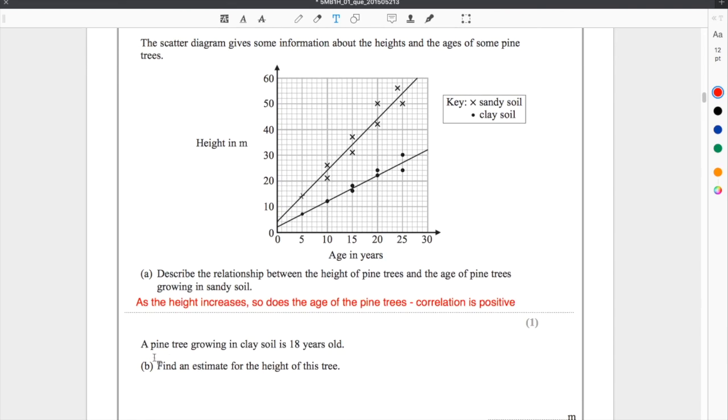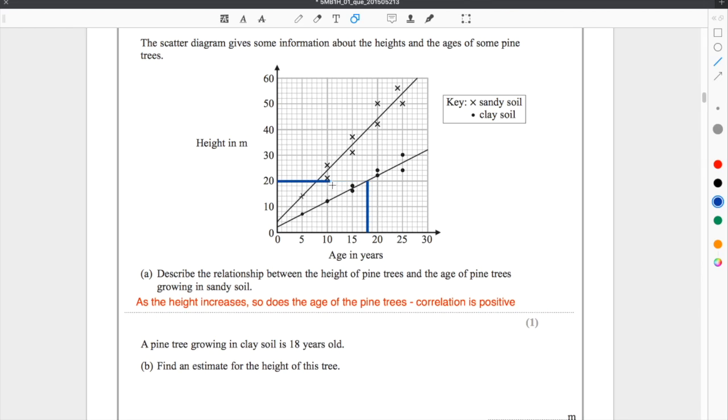So for part B, a pine tree is growing in clay soil and it's 18 years old. Find an estimate for the height of this tree. Okay, so all we do here is we find 18 years on the x-axis, which is there, as accurately as we can, and we draw a line up to the straight line representing the clay soil, which clearly is this line here with the circles, which the key tells us.